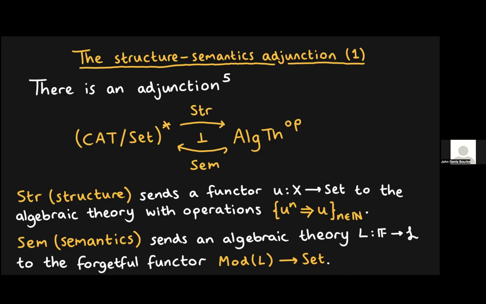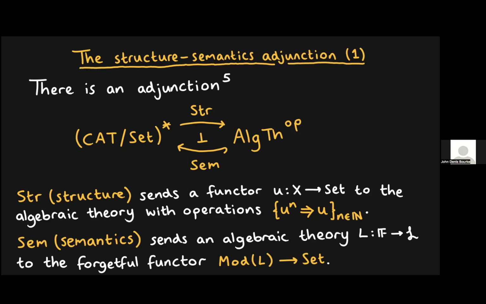So if we have some functor U from X into Set, we consider the natural transformations from U^n into U. And it turns out this forms an algebraic theory. And in the other direction, if we have an algebraic theory, we can look at the forgetful functor from its category of models into Set. And this is just a functor into Set. So it works out. There's a star here because there are some size issues we need to worry about if we're doing this precisely. I'm not going to go into the details, but that's why that's there.